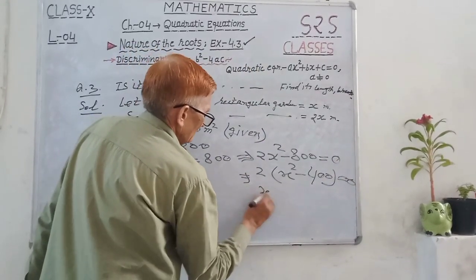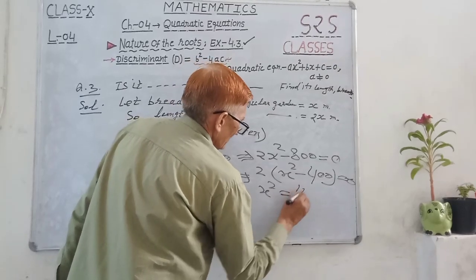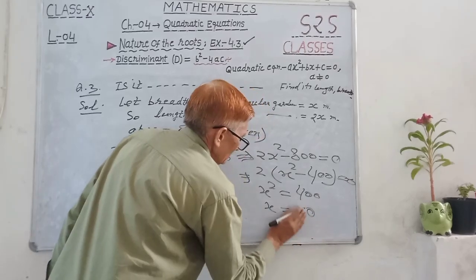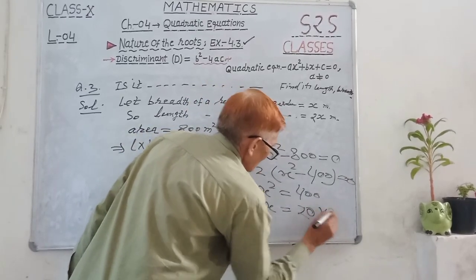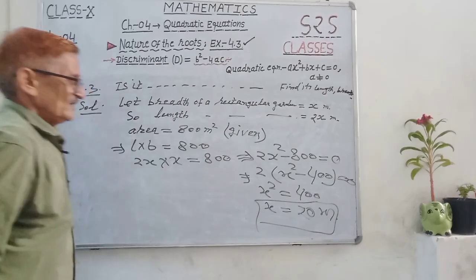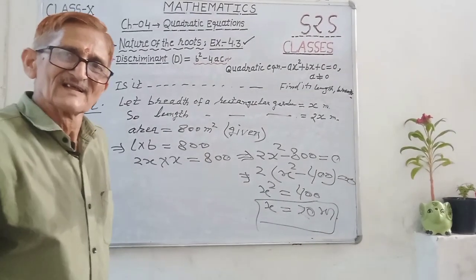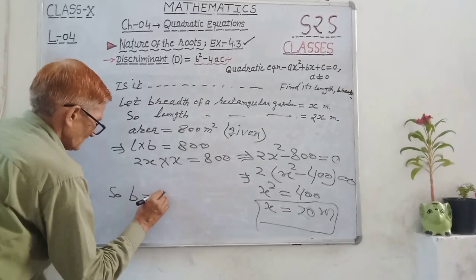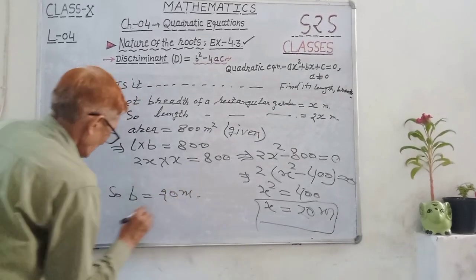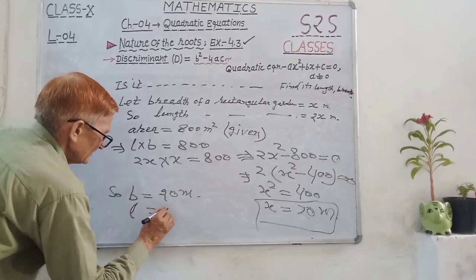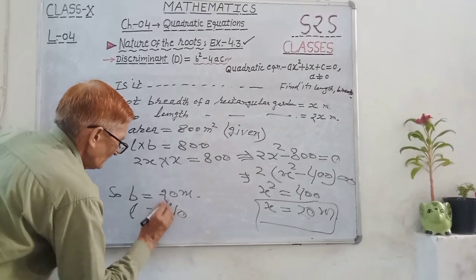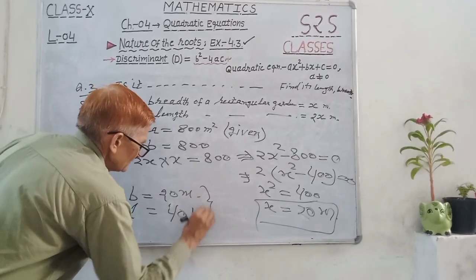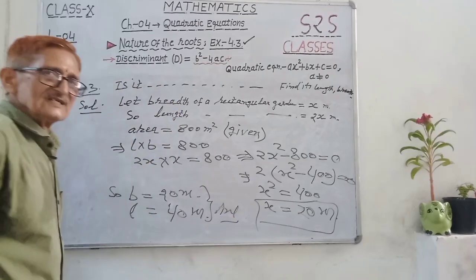Then x square is equal to 400, so x is equal to 20 meter. So the breadth is 20 meter and the length of the garden is 2 into 20, 40 meter. Answer.